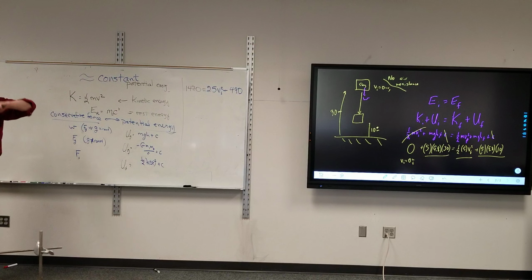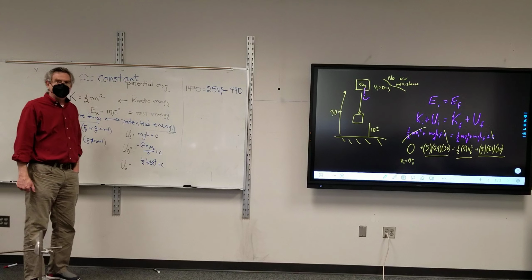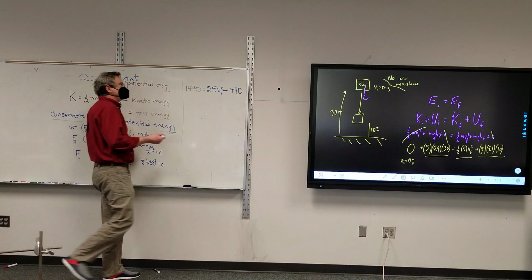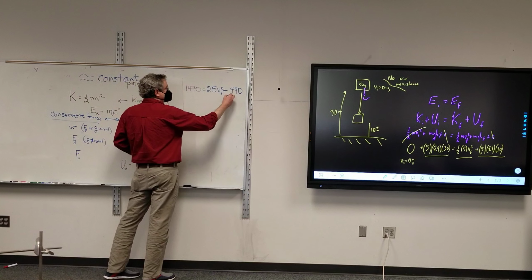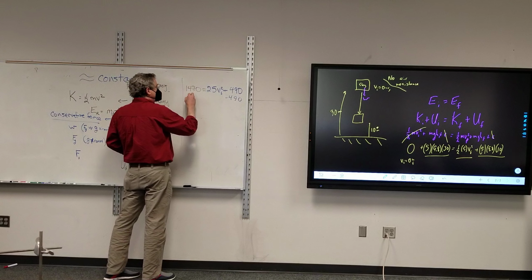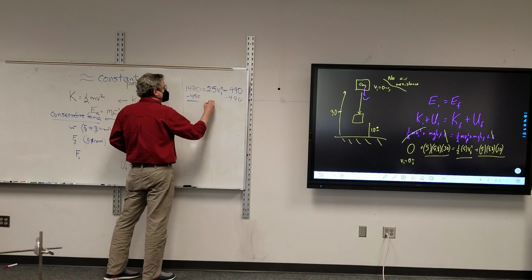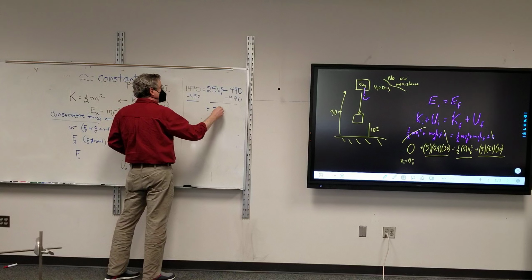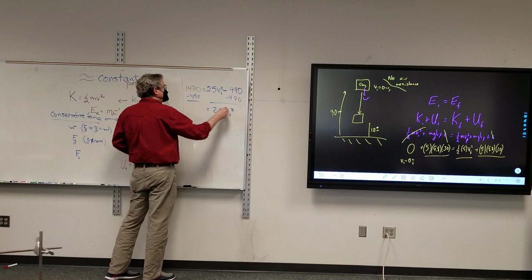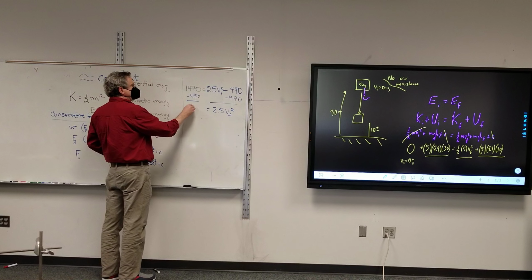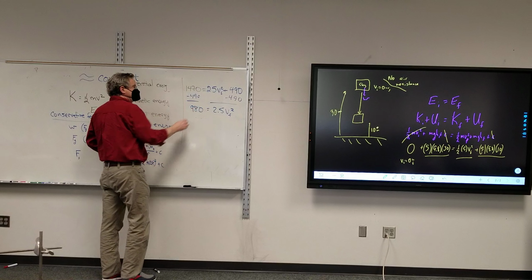All right, so now we have a math problem. We're solving for vf, so we need to get to it. What's the first thing we should do? Subtract the 490. All right, let's get all this peripheral stuff over, so minus 490, minus 490. On the right-hand side I got 2.5 vf squared, and on the left-hand side, 980. Now what?